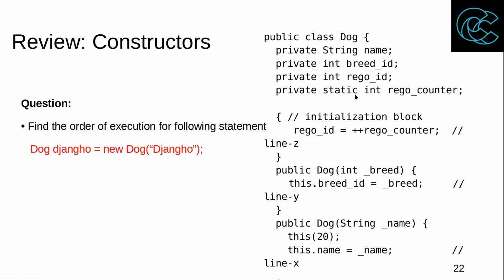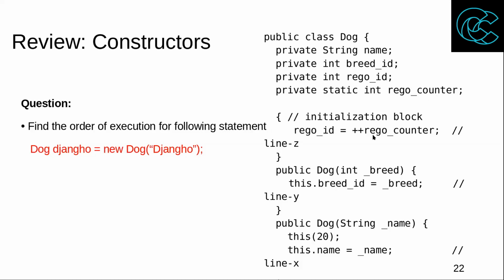These first three variables capture the state of the objects. The last one, rego counter, which is the registration counter, captures the state of all the objects together. So that's why you need a separate initialization block. It cannot be part of the constructor, because the constructor gets invoked for each object, but this is not an object level variable.